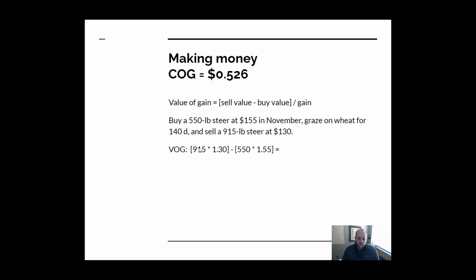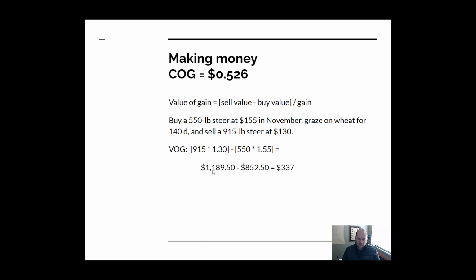We had 915 pounds, and we sold those at $1.30 per pound. That quantity is our selling value. Then we need the buy value. We bought this 550-pound steer at $1.55 per pound. So that's our buy value.